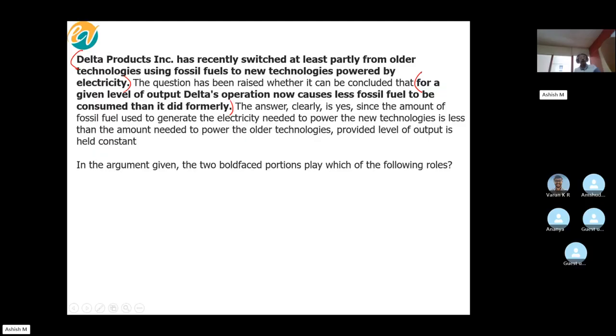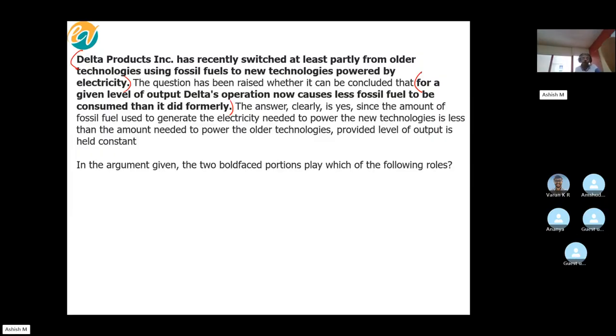Correct? Okay. Can you identify what is the main conclusion of the argument? In other words, what is the argument ultimately trying to prove? The main conclusion is the last part, like the amount of fossil fuel used to generate the electricity to power the new technology is less than the amount to power the old technologies. Very nice. So basically, now less fossil fuel is being consumed.